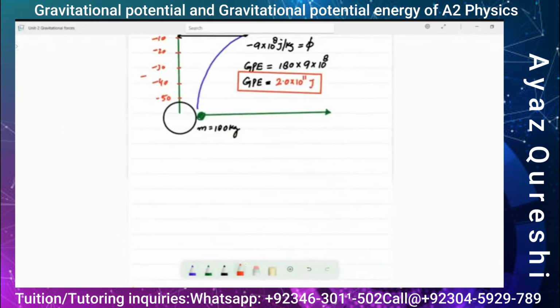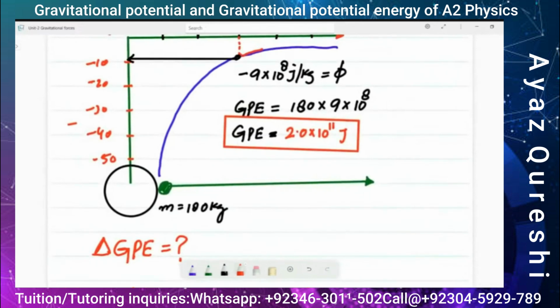Now another question comes to you: you have to find the change in gravitational potential energy. That can also be done from the same graph.